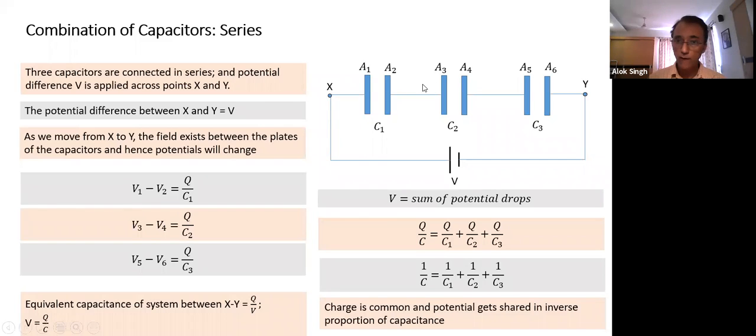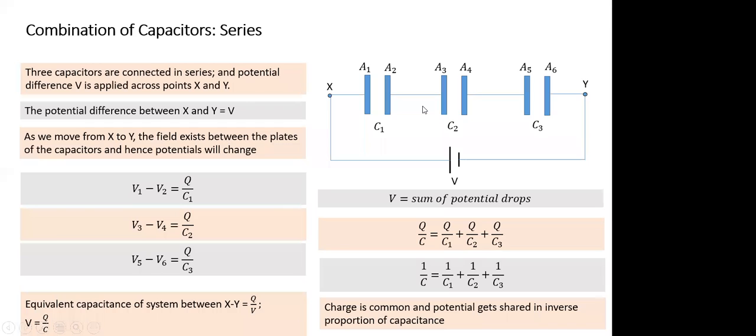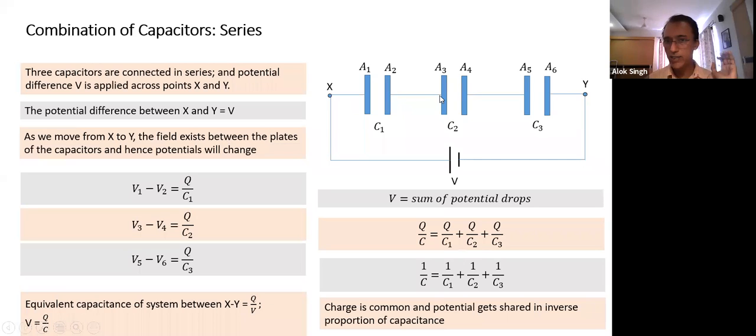The plates of capacitors connected in series have direct connection. There is no branch in between. Then only the charge on the capacitors connected in series is equal. So basically only one direct connection between the plates, no branch in between. Then I can be sure, yes, these are connected in series.